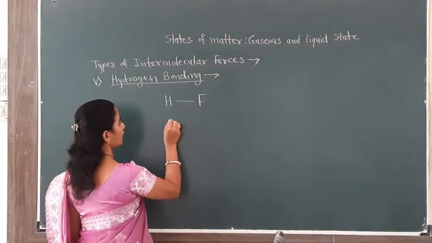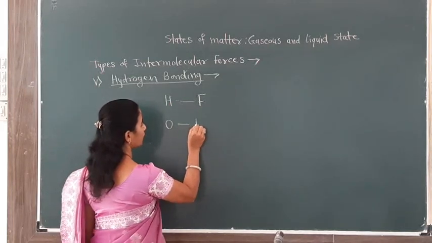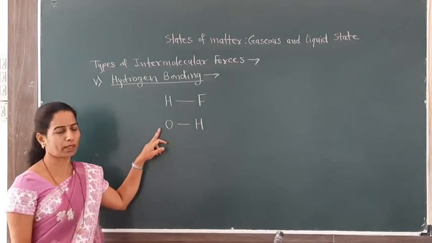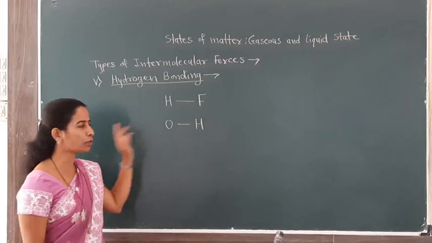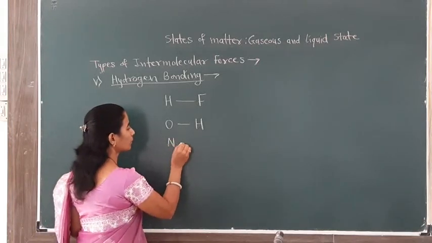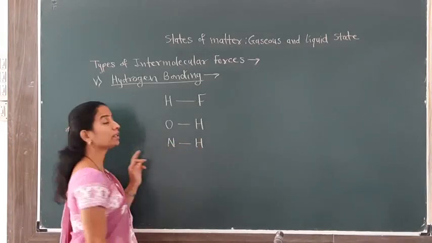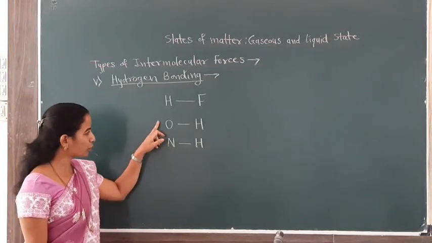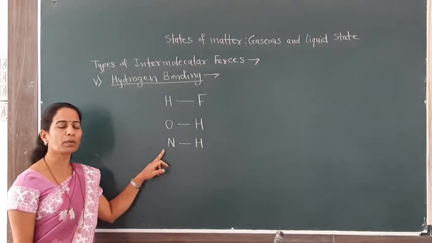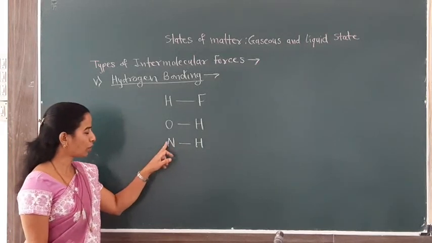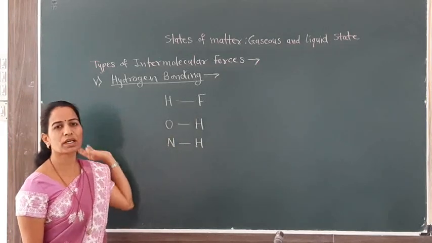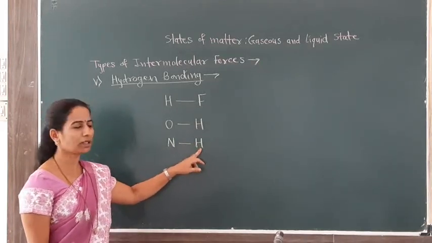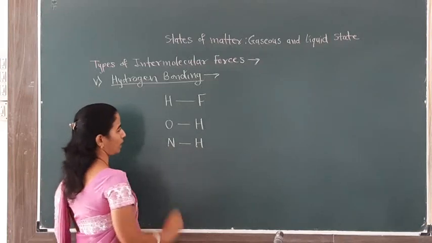If a hydrogen atom forms a bond with an oxygen atom, again oxygen is more electronegative, so the bond is an OH bond. Or if the bond is formed with a nitrogen atom, this is also a more electronegative atom. These atoms also have lone pairs of electrons. So, such bonds are formed between hydrogen and the more electronegative atoms.